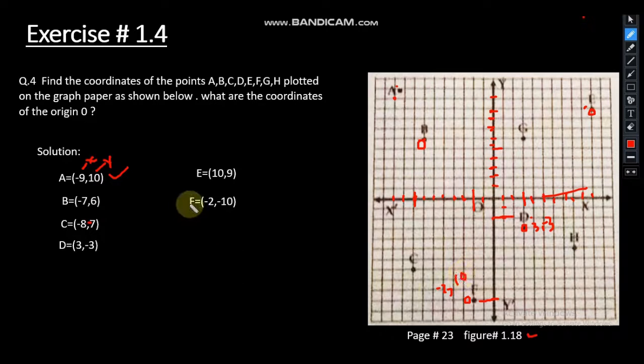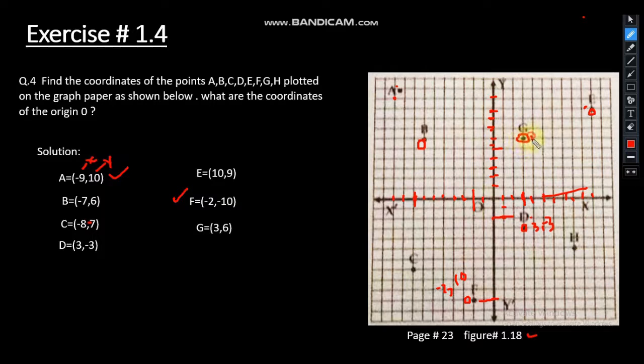Then this. G is equal to 3 and 6. The value of G here: 3 means 1, 2, 3 on the x-axis, and 6 means 1, 2, 3, 4, 5, 6 here.